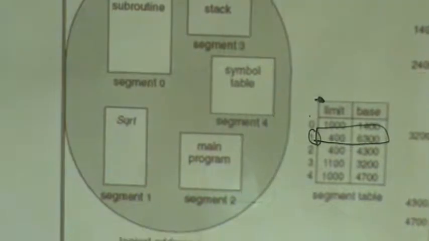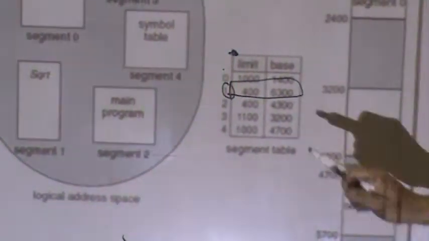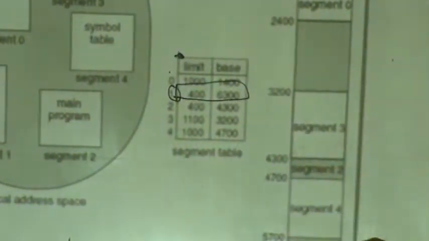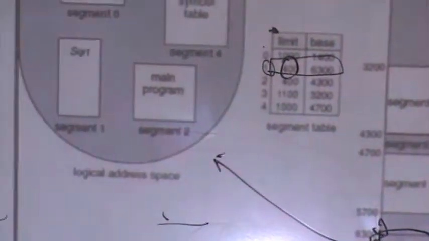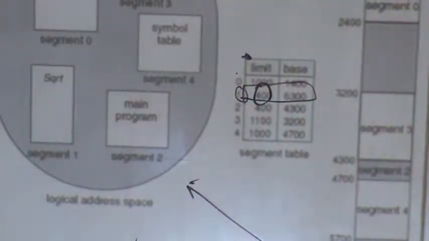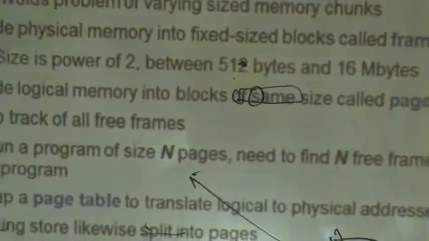Then the limit is 400 and the base is 6,300. So you can go to 6,300 and up to plus 400, the limit. Then this will be segment 1, and read instruction by instruction into the register, then process it. Process means execute your instruction.